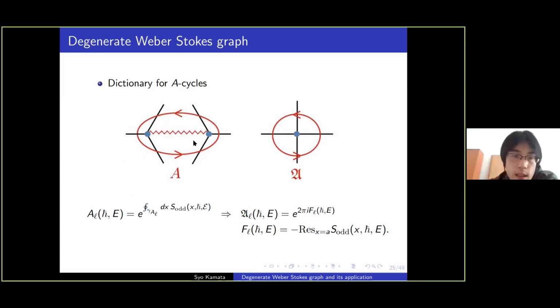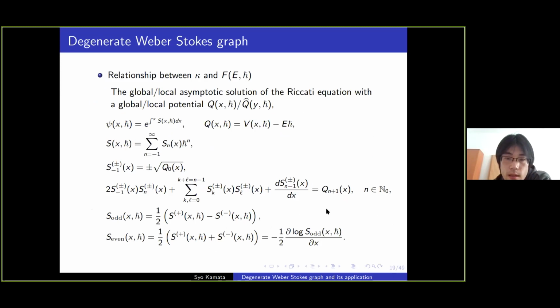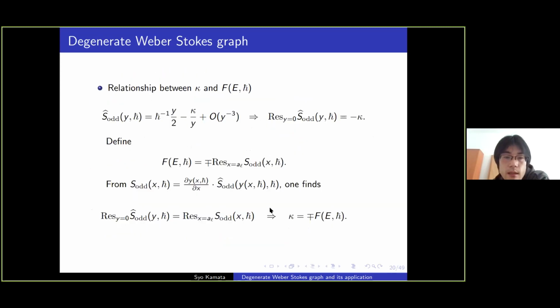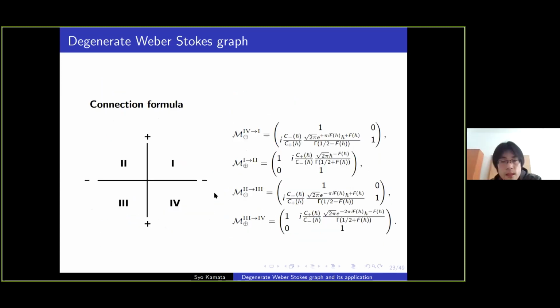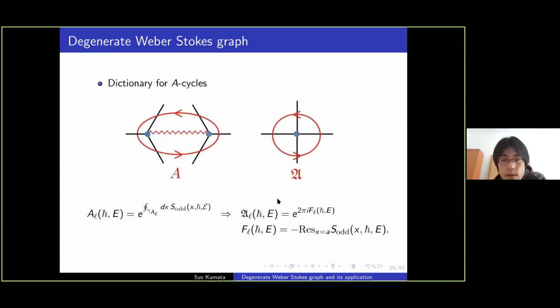But if we take E0 equals 0, they close each other, and finally we can arrive at here. So this gamma is roughly speaking this orbit, but actually in this case this is just going to be a residue integration. So in this case, we can easily make this dictionary between the A cycle of the ARA type and the degenerate Weber type.